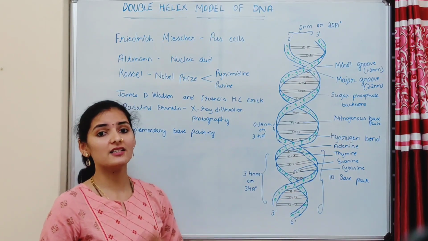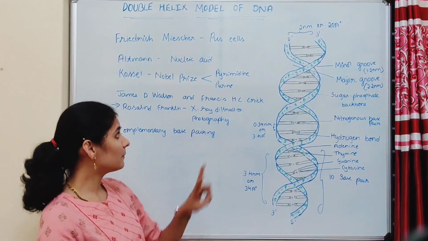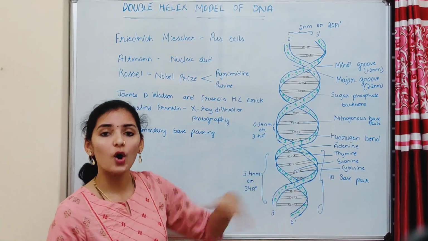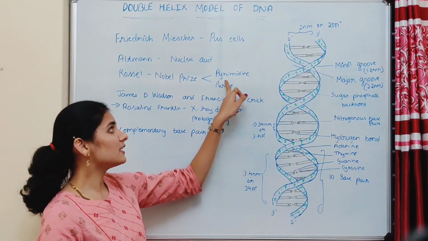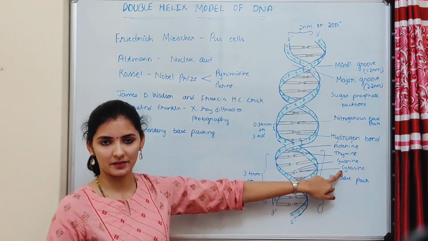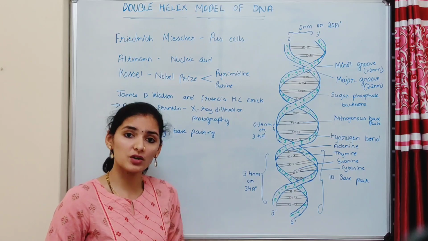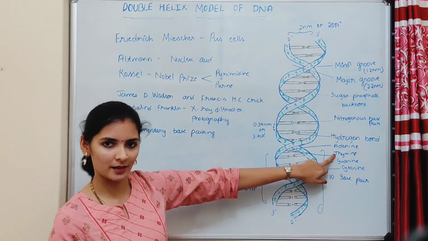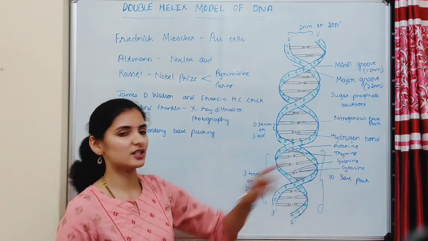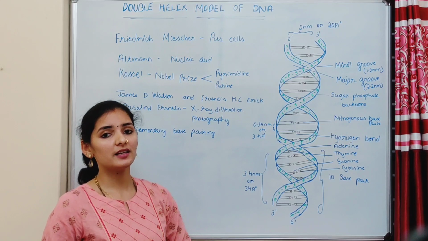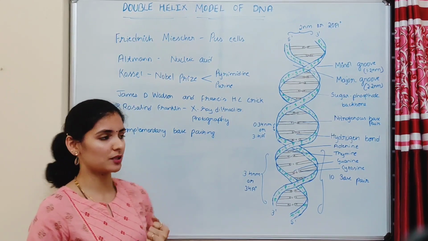Base pairing is specific, that is, double-ringed purines, adenine and guanine, always pair with single-ringed pyrimidines, thymine and cytosine. And the base pairing is even more specific, that is, adenine always pairs with thymine and guanine always pairs with cytosine.